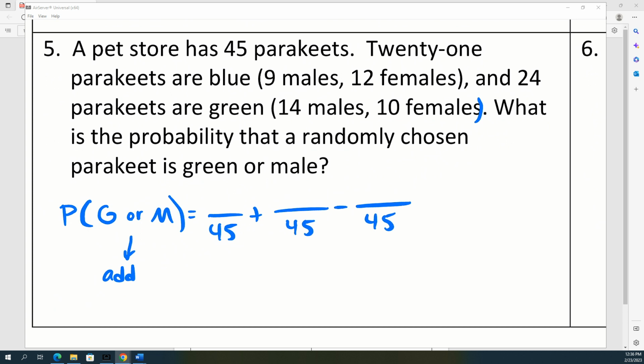Okay. So this first fraction has to do with green. So how many green parakeets are there? 24. All right. This second fraction has to do with males. So how many total male parakeets are there? 23. You add the blue and the green males, and it's going to be 23 males.